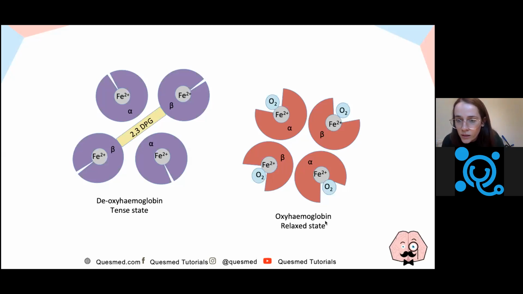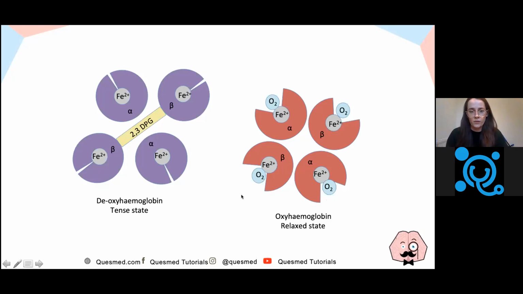So 2,3-DPG makes it easier to offload oxygen, yes. 2,3-DPG is an intermediate step of glycolysis, the breakdown of glucose into energy, which is what happens during cellular respiration. Okay.